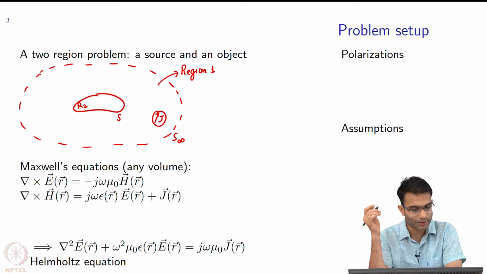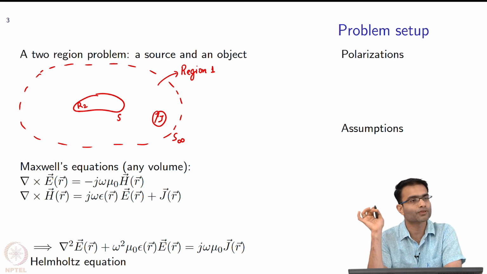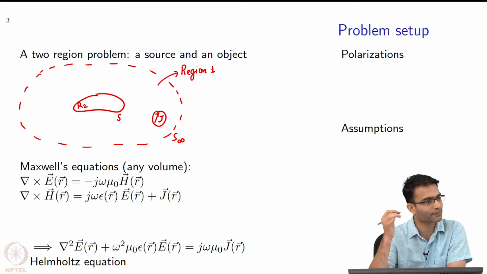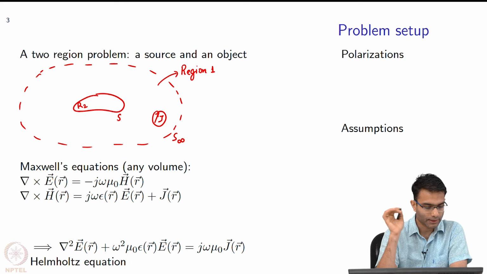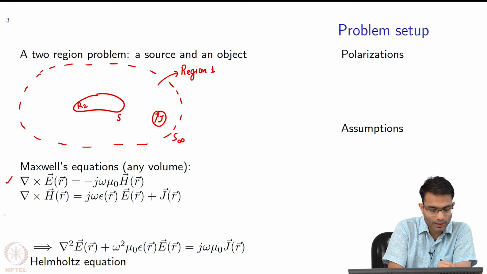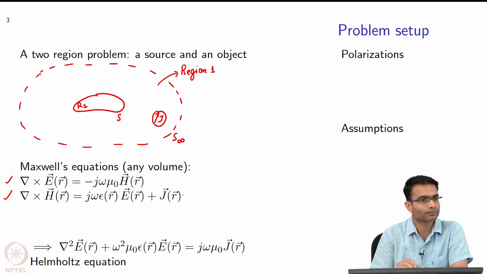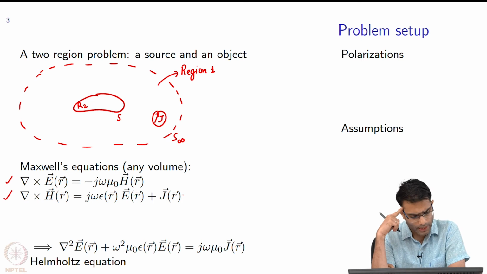So now let us start with, as with any problem in computational EM, Maxwell's equations, right. At the end of this course you will be amazed at how for every problem we just start with these 2 or 4 equations and we get a solution, okay. So these are the 2 equations that I have written. There is your curl of E and curl of H, and the current term comes in the curl of H term, right. So this should be familiar to all of you by now.